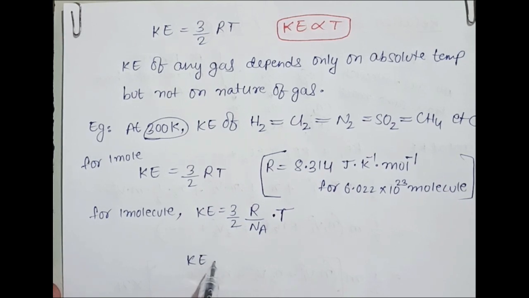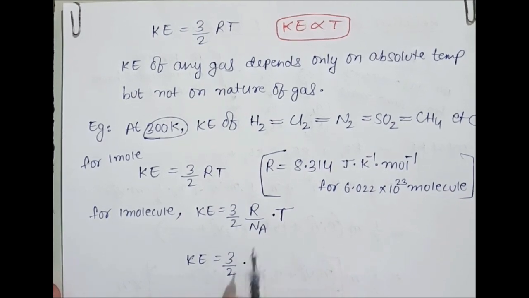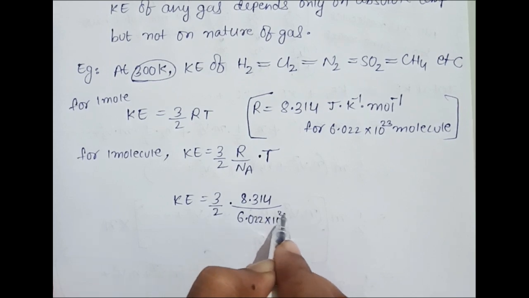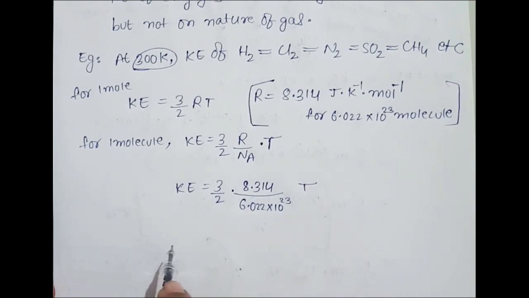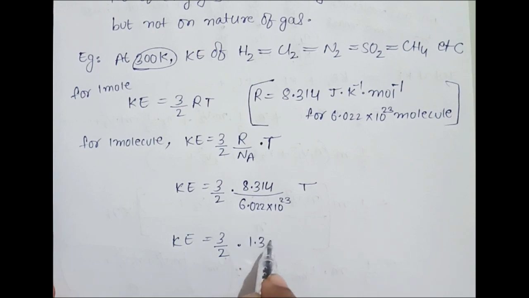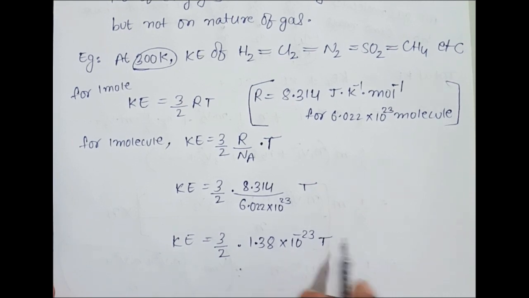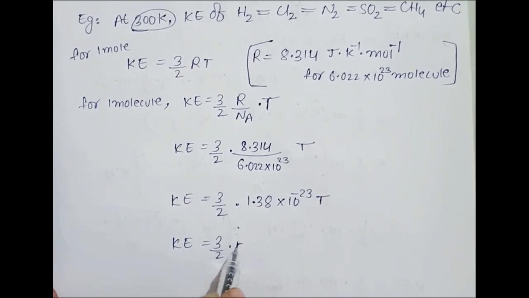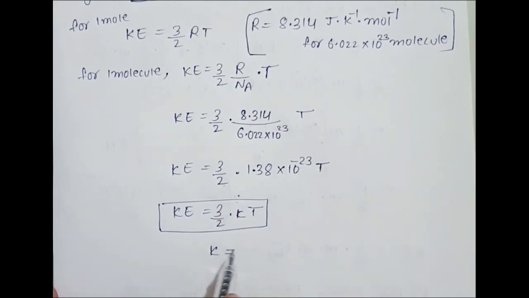Now kinetic energy is equal to 3 by 2 into 8.314 divided by the Avogadro number value, 6.022 into 10 power 23, into T. If you divide it, you will get approximately 1.38 into 10 power minus 23 into T. So kinetic energy is equal to 3 by 2 into small k into T. This small k is called the Boltzmann constant.